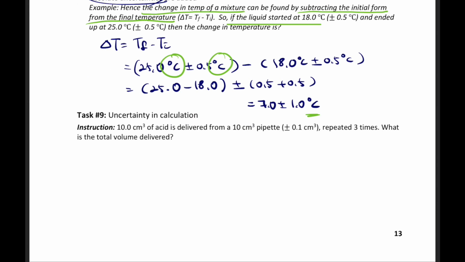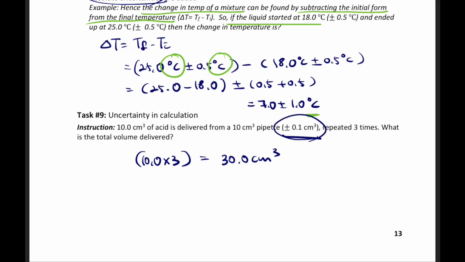Okay, let's do task number 9. Here we have 10.0 cm³ of acid, which is delivered from a 10 cm³ pipette that has uncertainty 0.1 cm³ and repeated 3 times. What is the total volume delivered? Since it is delivered 3 times, we can simply do 10.0 times 3 for the measurement part, which is 30.0 cm³.